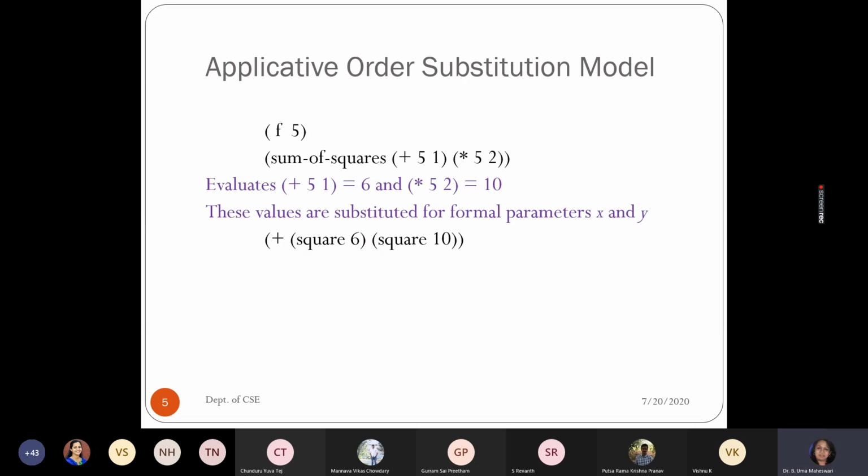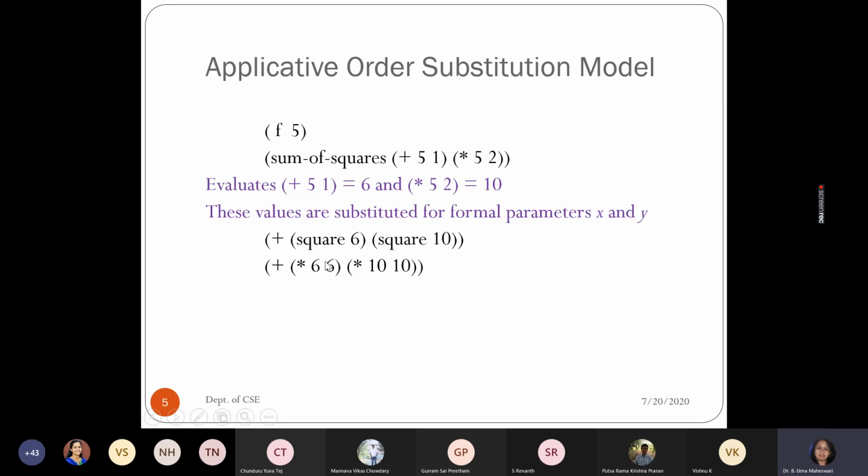This is according to the substitution model, which we can call applicative order. That means this is how the procedure is executed for calling f of 5: the first step is sum of squares of 5 plus 1 and 5 times 2. Instead of a, 5 is substituted, then it is evaluated and the procedure inside is called. That is then square of x, square of 10. Then square means you again use the defined function, so in the defining function, what happens? a into a.